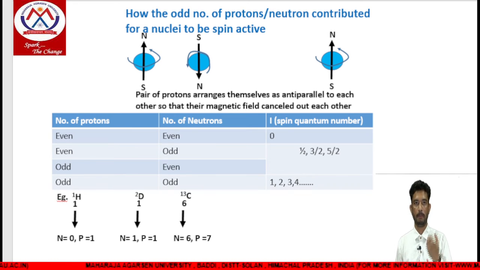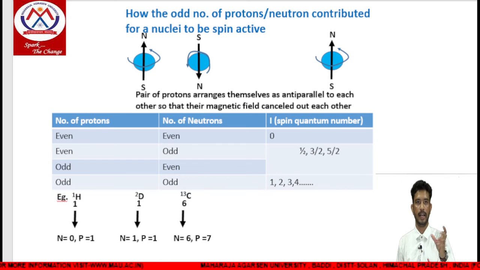If we have paired protons or neutrons, what will happen? They will cancel their field. For example, in the slide, on the first particle the north pole is upside and the south pole downside, whereas on the next the south pole is upside and the north pole is downside.